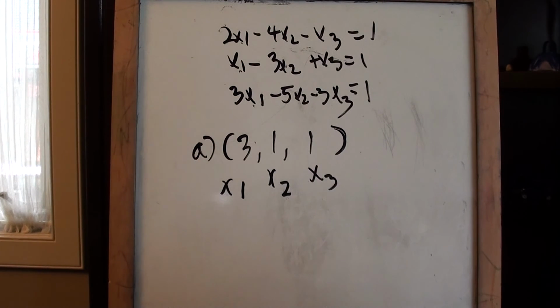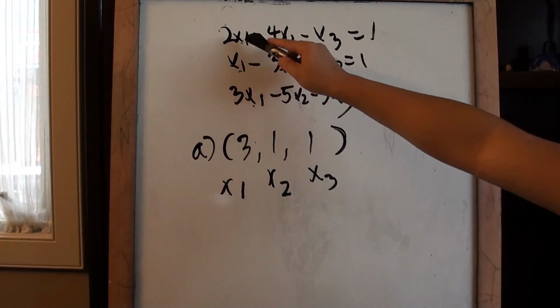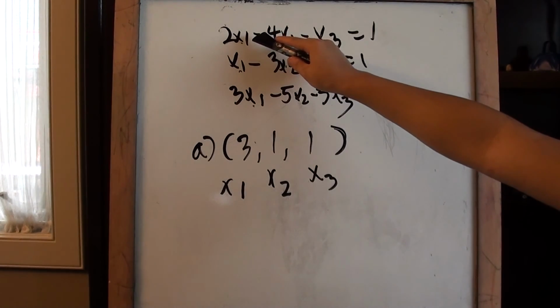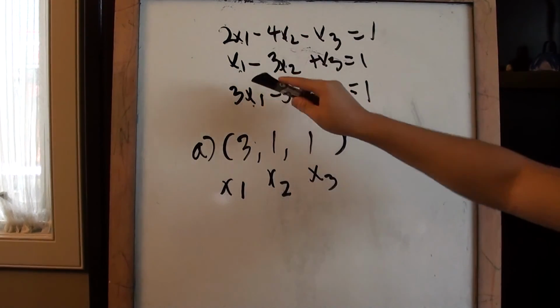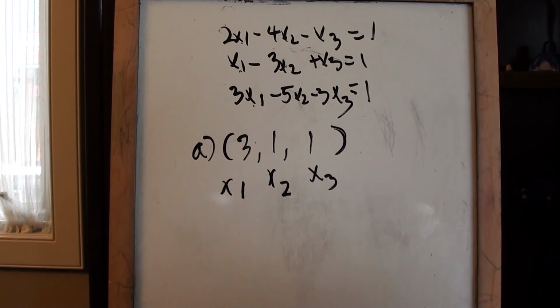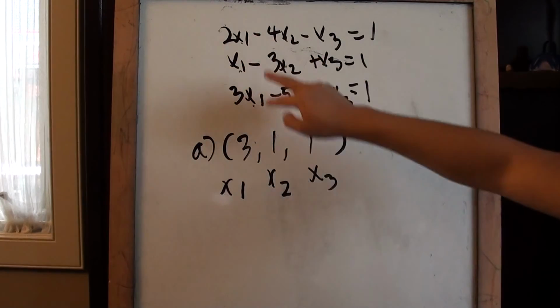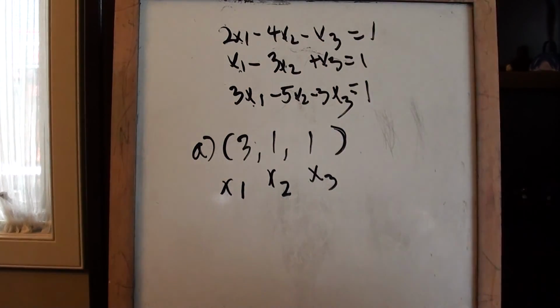Now, I understand why they do it. I think it may have been a better idea to simplify these equations so that we have a reduced echelon row, which we'll talk about. Don't worry about that just yet, right? We haven't learned that yet. So for these questions, all I really did was just plug them in and see if they equal 1.